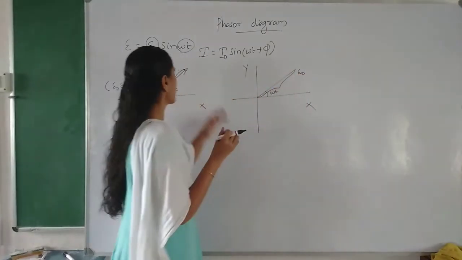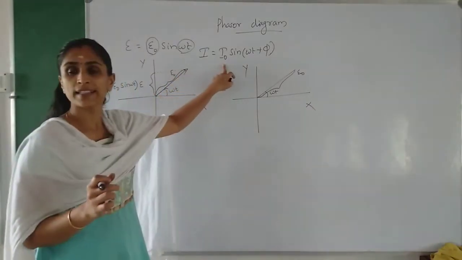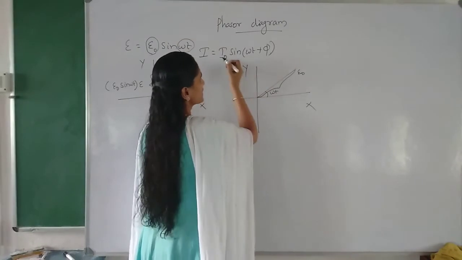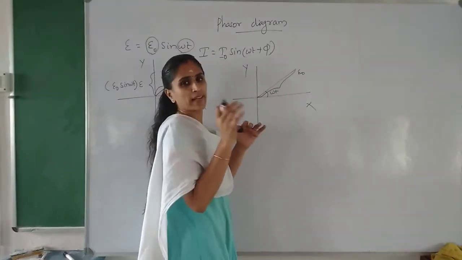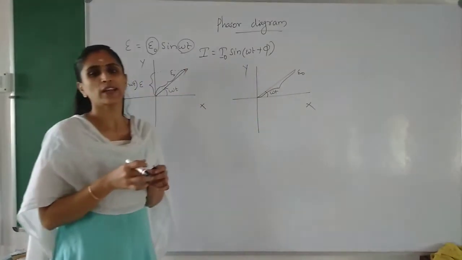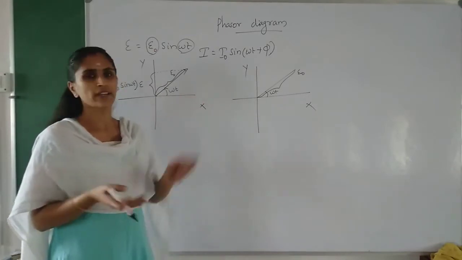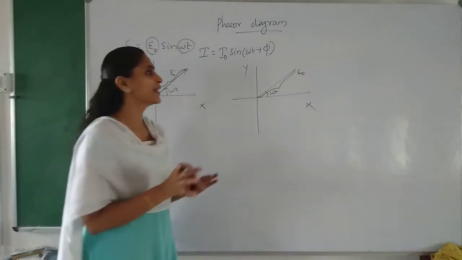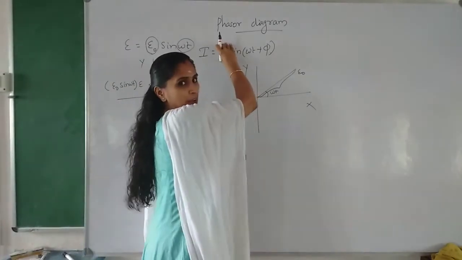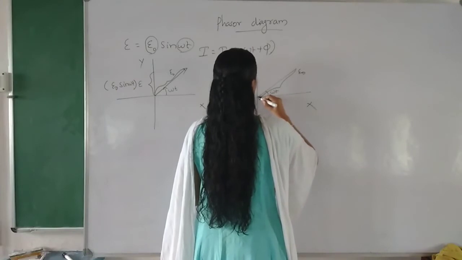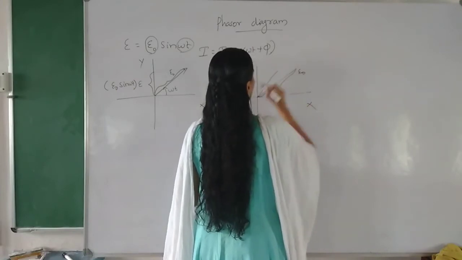And here is another vector, I is equal to I0 sin omega t plus phi. If we consider I0 to have a smaller length, in problems the values will be given, so you will know whether it is larger or smaller. Here we are assuming it has a smaller peak value than E0.